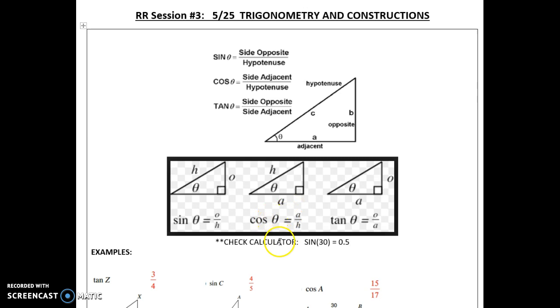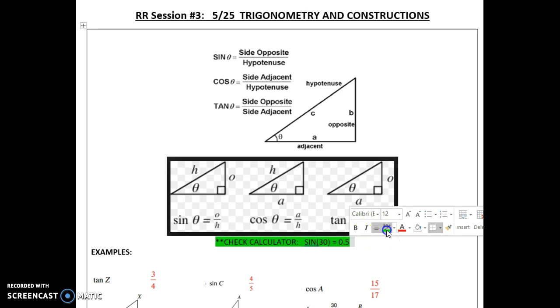If your calculator is not in this mode, you need to change that by going to your settings on your calculator and going to document settings. I think it's 5, and then you choose 2, and it's the second box down, which is the degree mode. So take a moment to write this down in your vocab notebook.